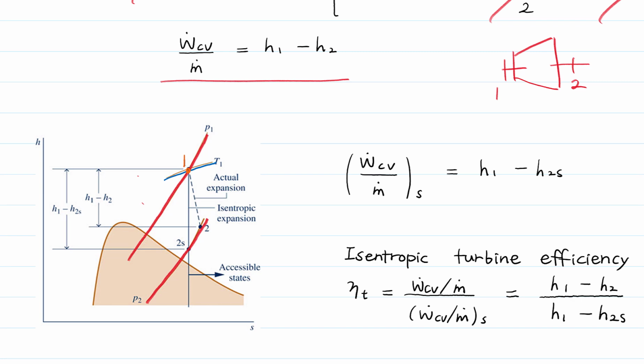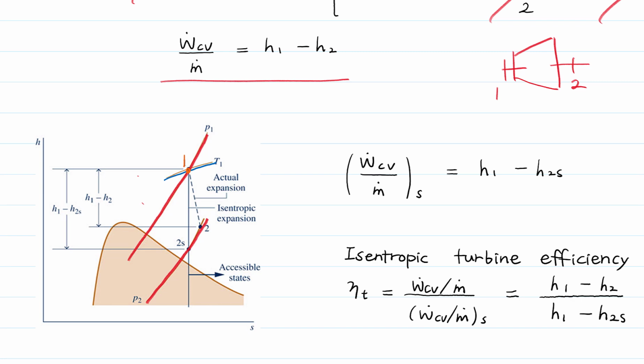At the outlet, the pressure is determined by the surroundings where the fluid is leaving. So the pressure at the outlet is also fixed. But that is the only fixed property at the exit. Then what is the difference between the actual process and the isentropic process? The actual process accompanies irreversibilities, so it has greater entropy.